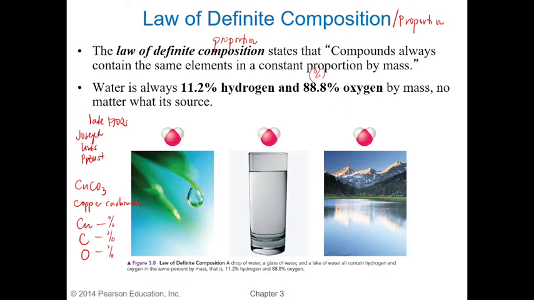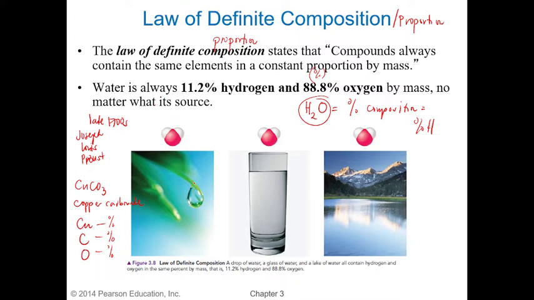For example, yung water, diba, we all know that is H2O. So if we will compute the percentage composition, so we will do this in later discussions pa natin, yung H is always 11.2%, at yung oxygen is 88.8% by mass. So no matter what is its source.